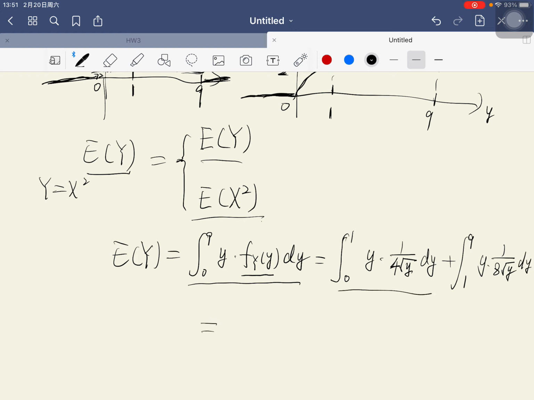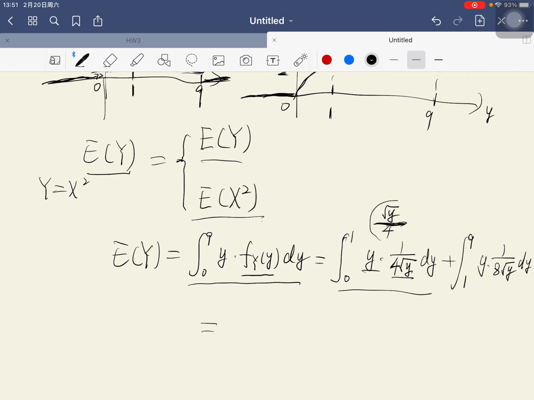For this part, it is y times the root of y over 4.